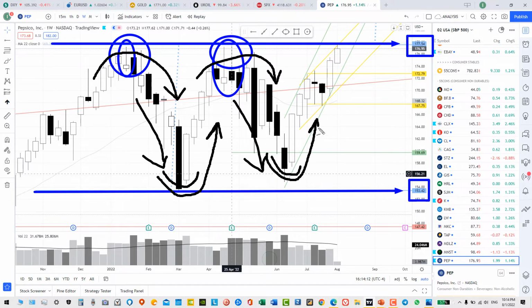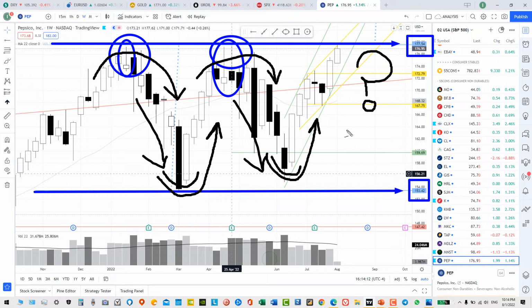to the upside. The difficult question here, is it going to pass through 177 this time? Will it manage to break through 177, making use of the correction in the market going on now?